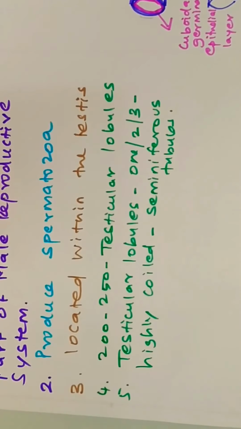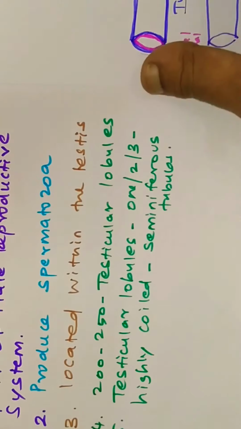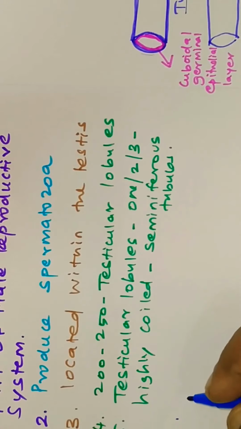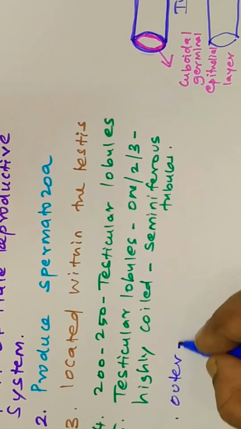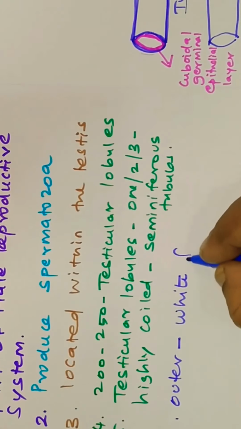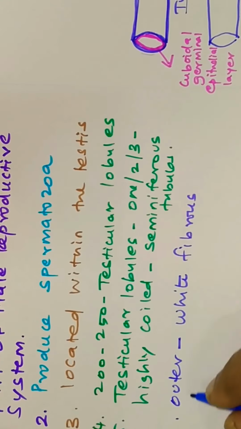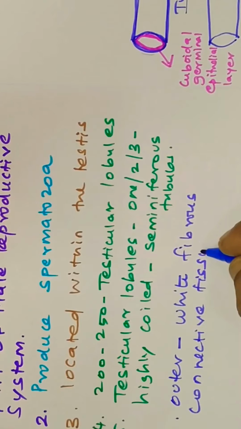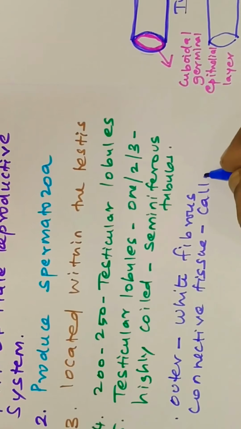The outer surface of the seminiferous tubules is made up of white fibrous connective tissue, which is called tunica propria. It is much more important from the NEET point of view, students.